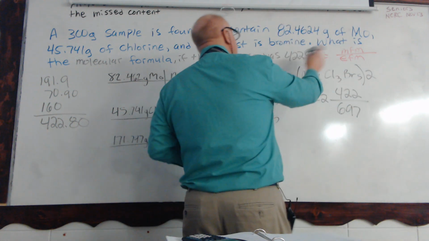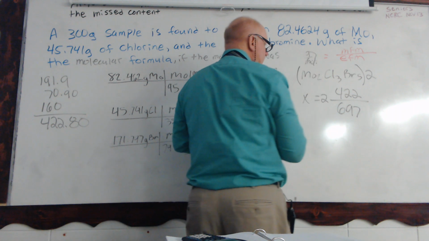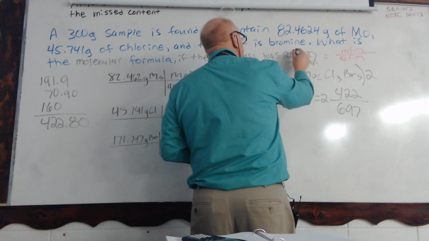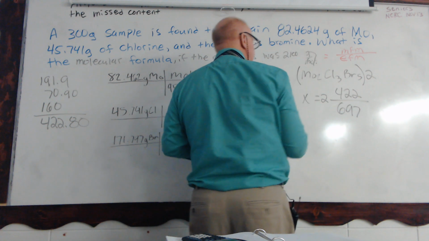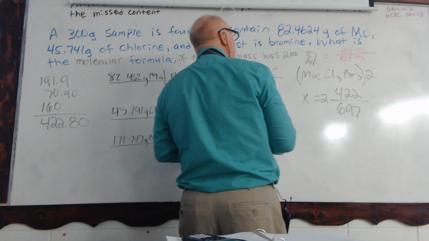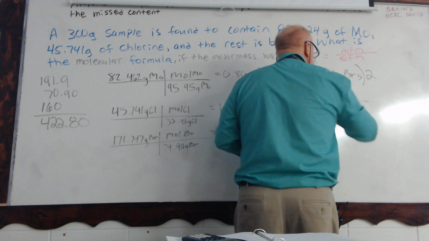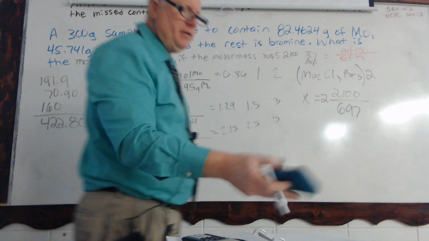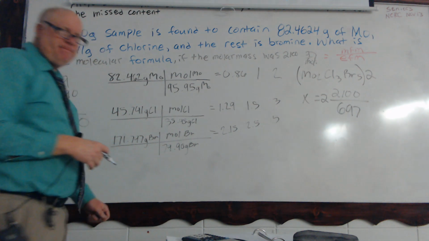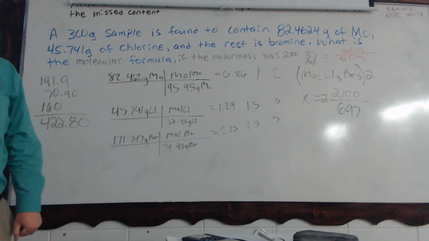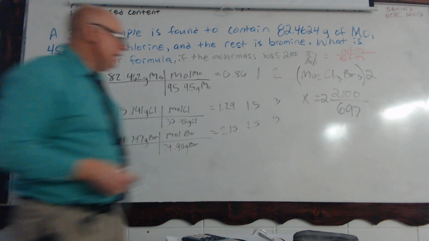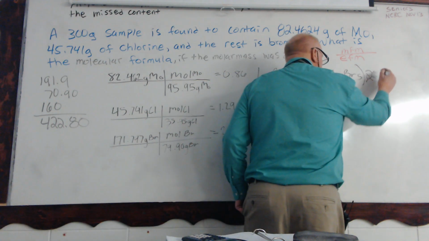So if this was maybe 2,100 grams per mole, what happens if we put 2,100 up there and divide those two? You're going to get 3. That's right. Then for your molecular formula, you just multiply what you have by 3. Yes, then this is no longer 2, but rather 3.